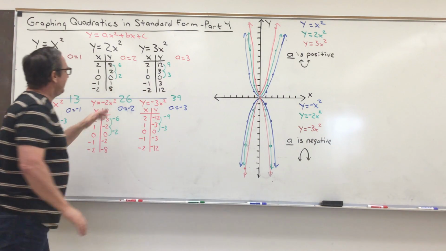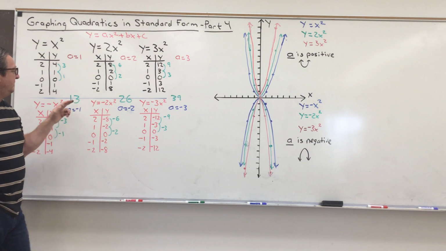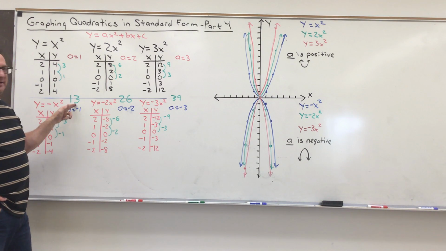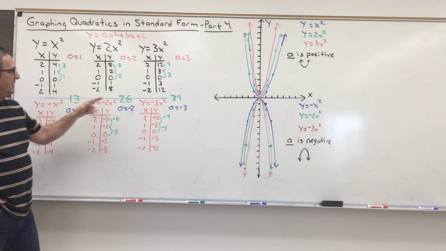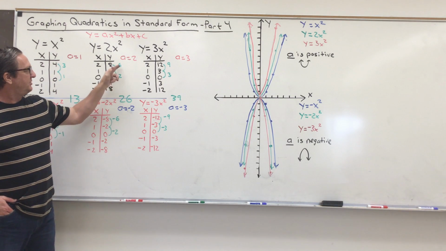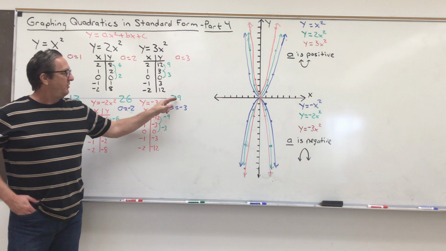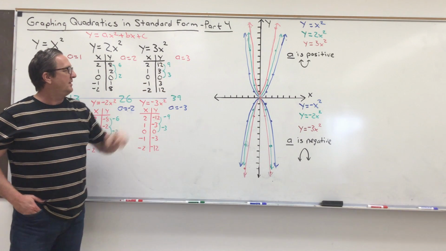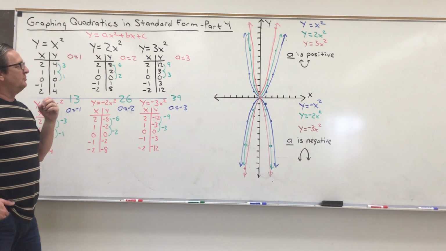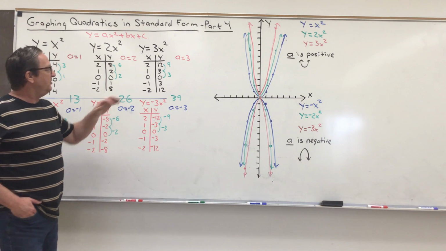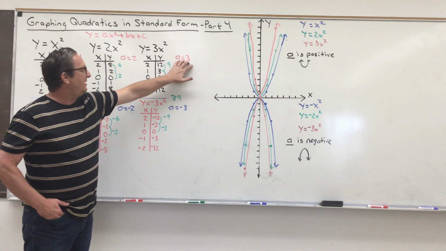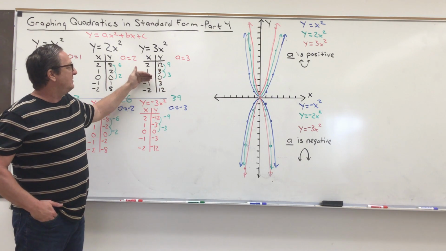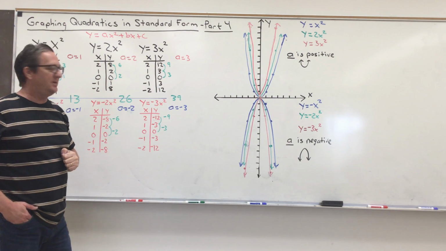I wrote 1, 3 for up 1, up 3, and we do the same thing here. 2, 6 is up 2, up 6, and 3, 9 is up 3, up 9. So whenever I give you a problem, if you do not want to plug in and make the table, if you know your A value and know where you are, you simply add the numbers.